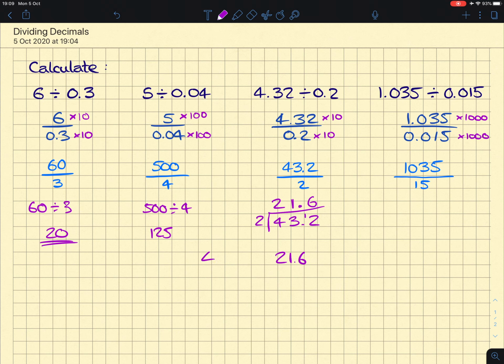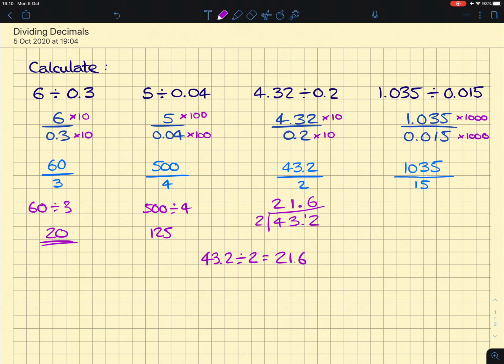I should just highlight the fact that we just did 43.2 divided by 2. Of course, you could just cancel this fraction down as well if you're comfortable. Again, it doesn't really matter. The bottom line is that what you have is not as nasty looking as that. And however you choose to do either of these divisions to get 21.6, it's your call.